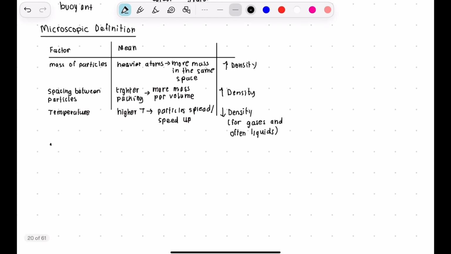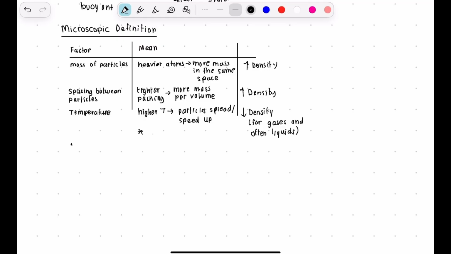And this can also lead to convection currents.